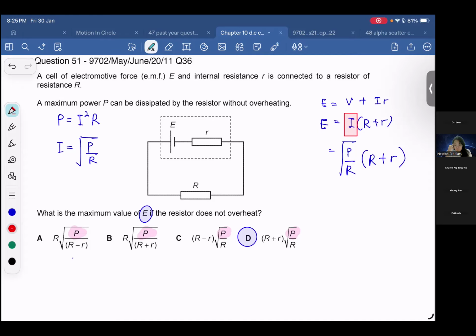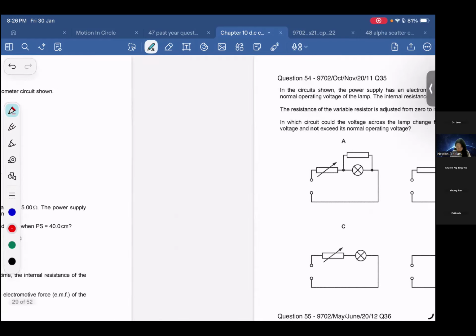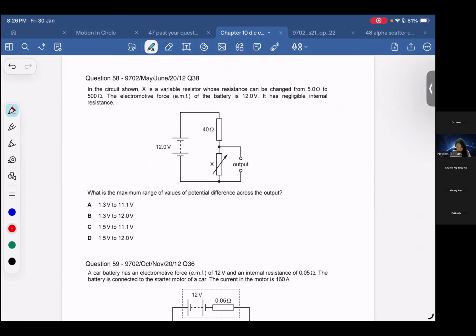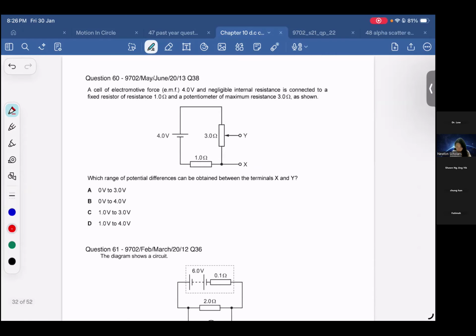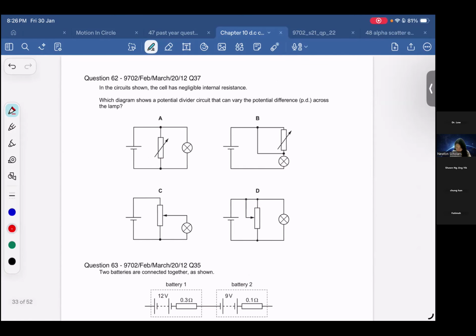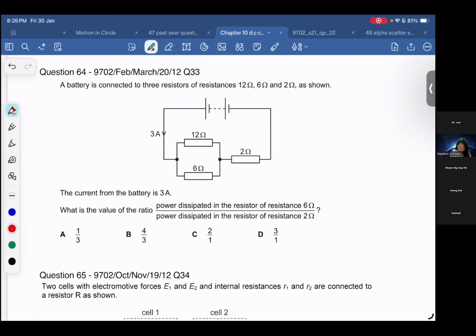Can you try question number 64? Question number 64. I just go through the rest of the questions, it should be okay for you to solve. We go to 64. Try.